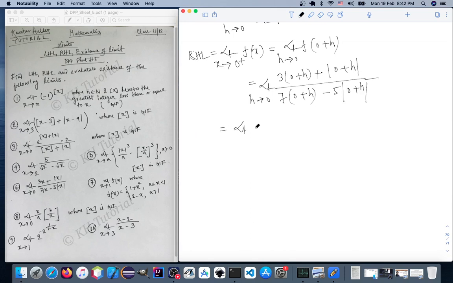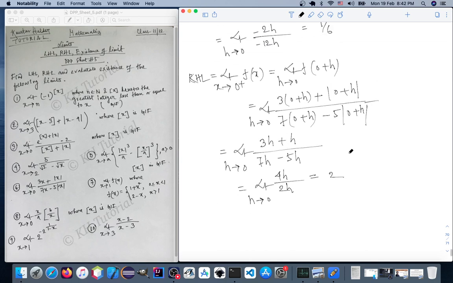This becomes limit h tends to 0, 3h plus h divided by 7h minus 5h. This is limit h tending to 0, 4h by 2h equals 2.